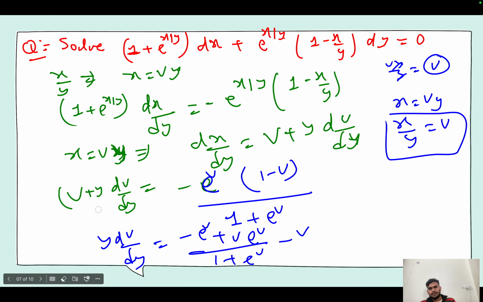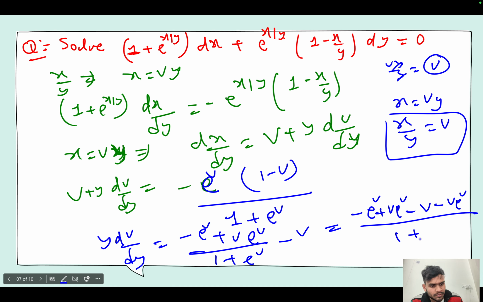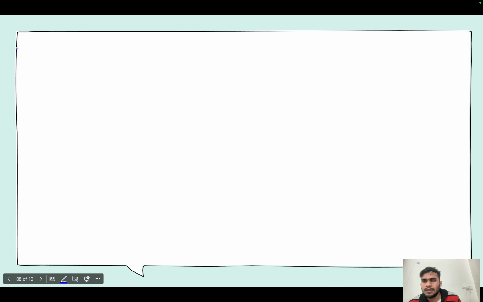So it will become minus e to the power v plus v e to the power v, multiply it, so it will become minus v minus v e to the power v by 1 plus e to the power v. v e to the power v will cancel out.